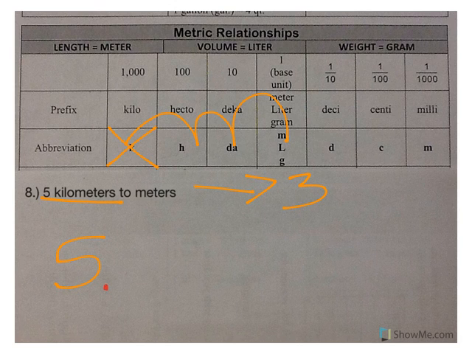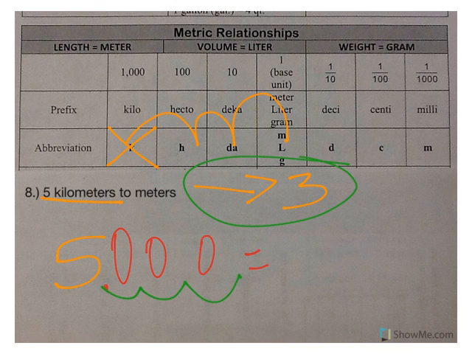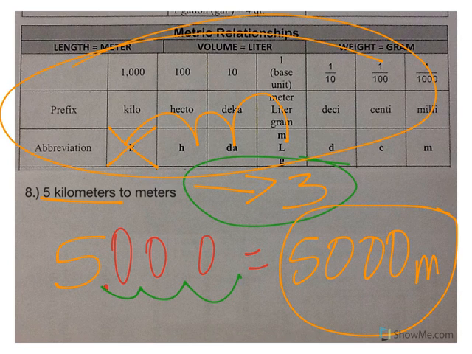I'm going to take that decimal point and move it 3 spots to the right, just like this arrow said. So when I fill it in with zeros, I will end up with 5,000 meters. So if you have this chart, this is not too bad, right? So again, my process: put an X over where you start, and then move the decimal point.